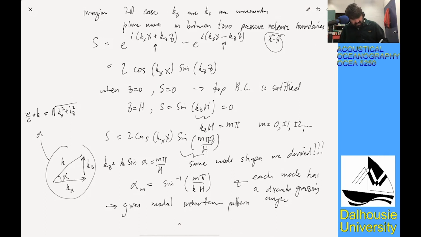But it's also interesting in the sense that you can dump sound at certain angles and encourage certain modes, right? So it links this purely vertical breakdown of the field into something that has a little bit more of the properties of the waveguide in it, I guess you could say. Quite an amazing little tool.